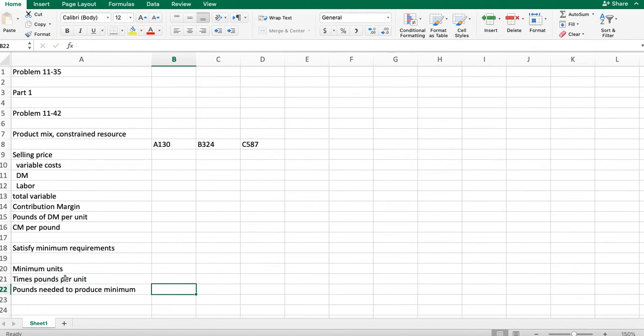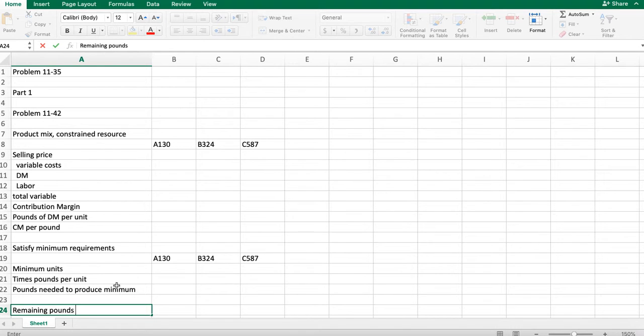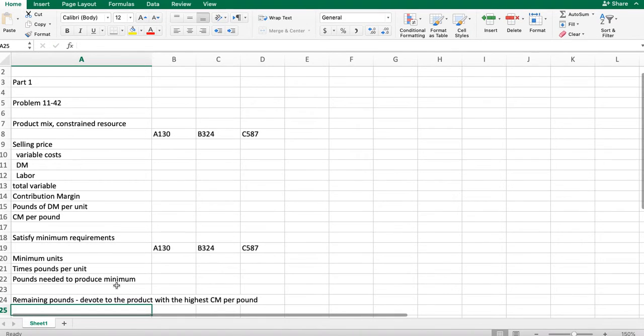You'll do this for each product again, A130, B324, and C587. Then you'll have remaining pounds of direct material, and you will devote that to the product with the highest contribution margin per pound.